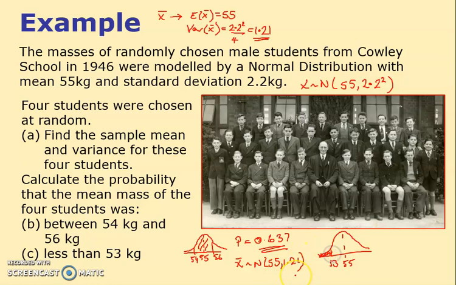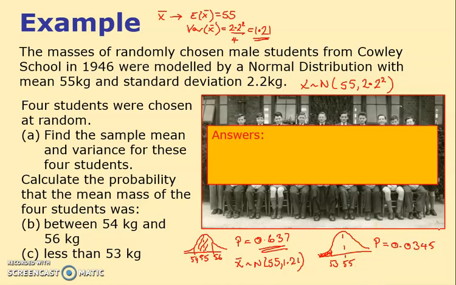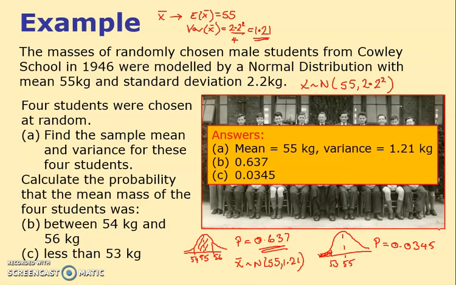So I put my lower value down as a negative big number. So I've got like negative 10,000. And my upper value is 53. Everything else stays the same. Oh, I've got a very small probability here. My probability is 0.0345. See what my answers are. Well, that's good because they both work. I think I've done those right.